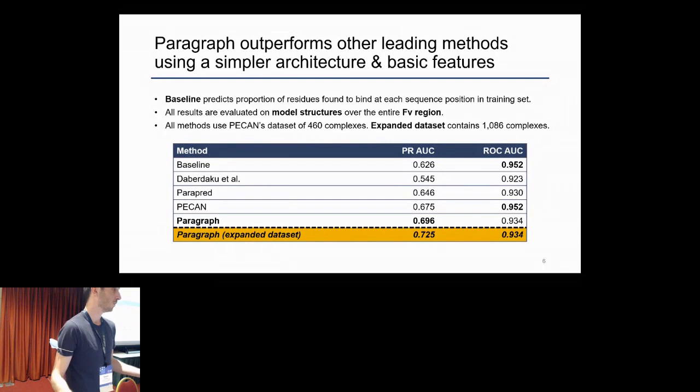So no structures in our data set, in the original smaller PECAN data sets or in our expanded data set, have more than 95% sequence identity. And have you done anything regarding sensitivity to small changes? No, apart from running on many random seeds, I'm afraid not. Thank you.